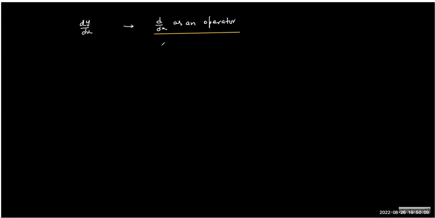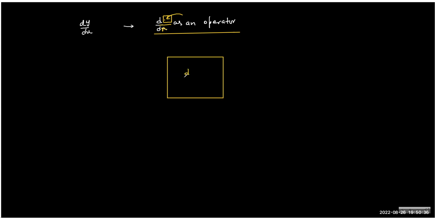So dy by dx is like an operator which operates on some function which you put here. There is a placeholder here, like a box, and whatever you put as an input in this box, this dy by dx operator will operate on it and give you some output. So we can again do the box diagram.